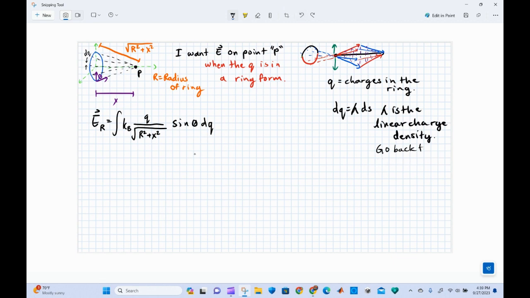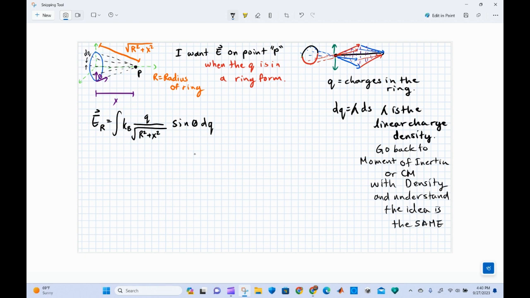Go back to moment of inertia or CM with density and understand, the idea is the same.